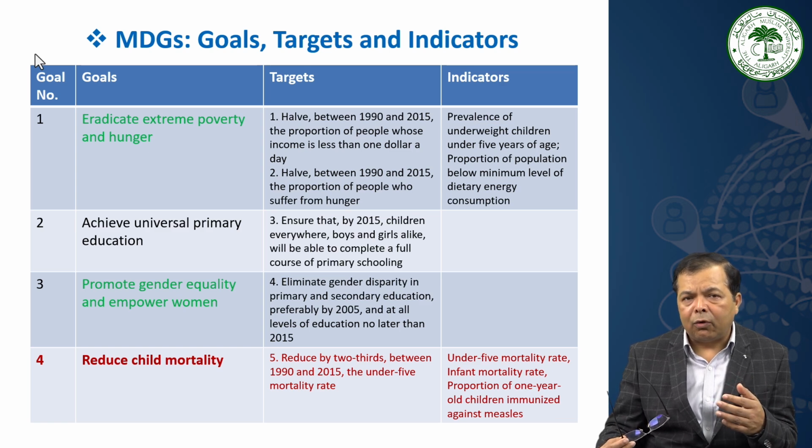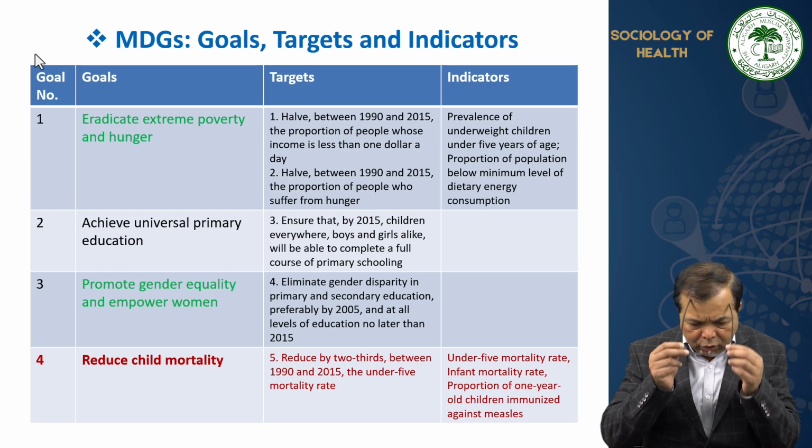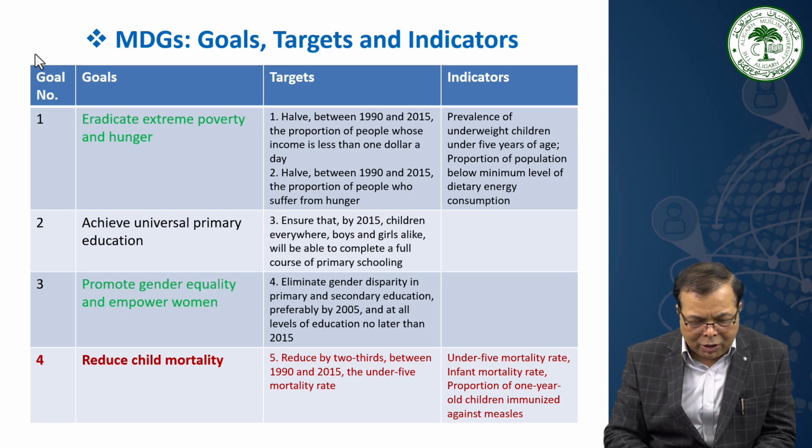So it may vary from person to person, from family to family, as per their choice. But primary education should not be a choice; it should be mandatory, and the state should take the responsibility of providing primary education. So, achieve universal primary education.